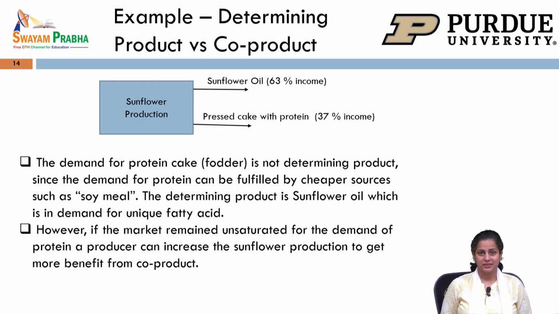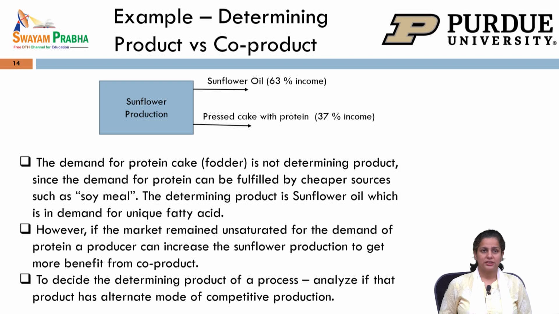And of course, by system expansion we are not doing direct allocation. We will hence figure out how to give appropriate impact to the product that you are considering. To decide the determining product of a process, analyze if that process has an alternate mode of competitive production and how it is included in the system boundary for your LCA.